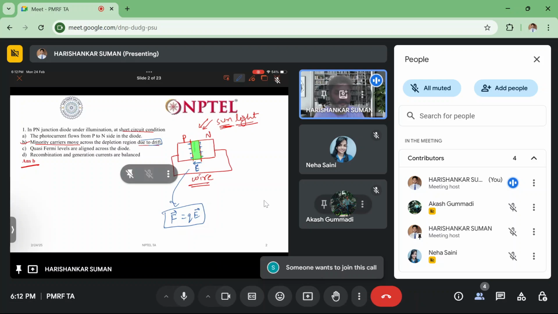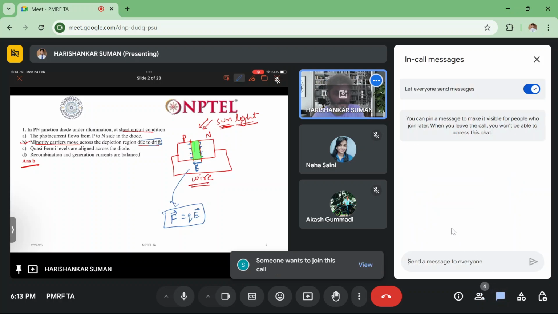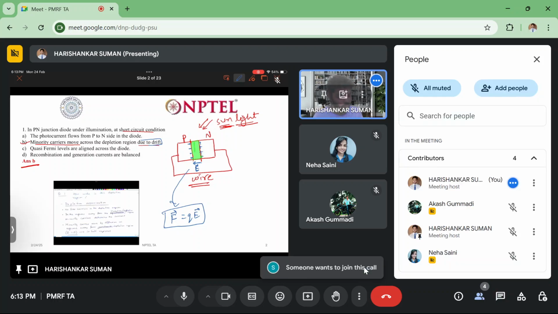So let's move to the next question. This is also a question: how wide is the depletion region?